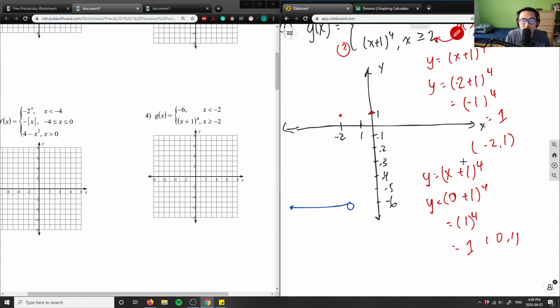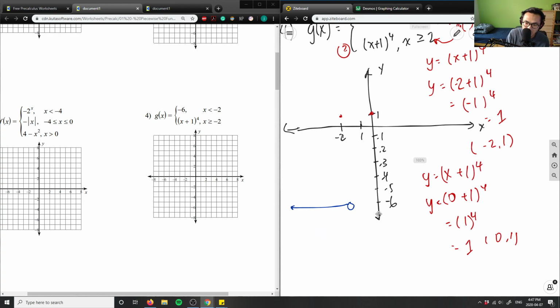And I can also solve for my x-intercept, right? So let me solve for that as well. If I want to solve for my x-intercept, I'm subbing y as 0. So 0 equals (x plus 1) to the power 4. To get rid of the exponent, I would take the fourth root of both sides. The fourth root of 0 is still 0, so this just gets rid of the exponent.